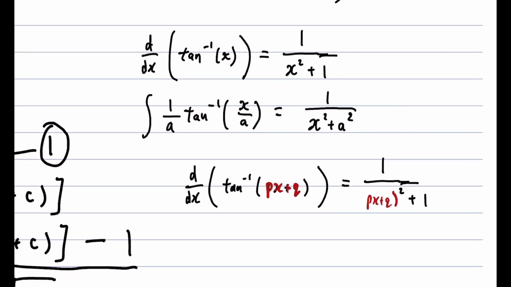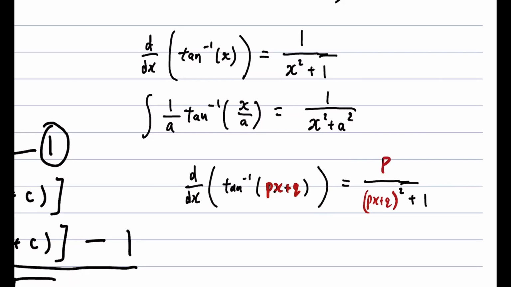Exactly, px plus q. But wait, what do we know about chain rule? This is another function inside. So we need to multiply by the derivative of the inside, which is p. Correct or not? Differentiate px plus q. So you just have to times p on top.